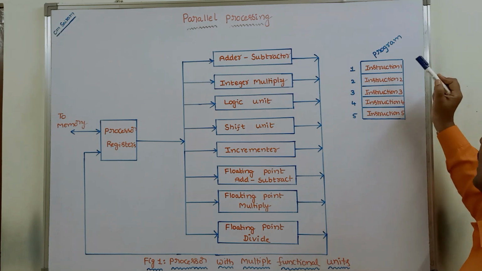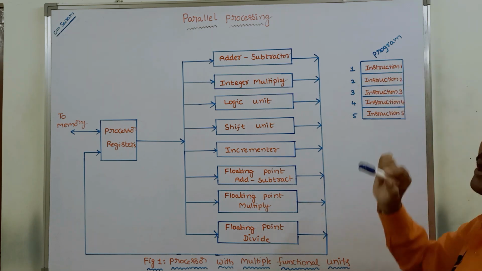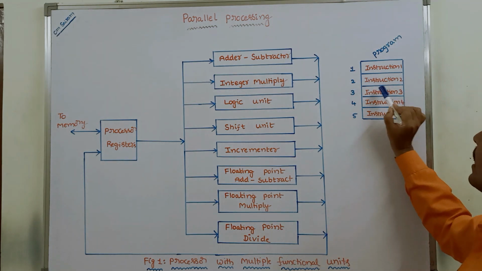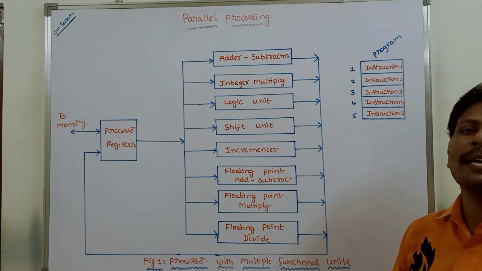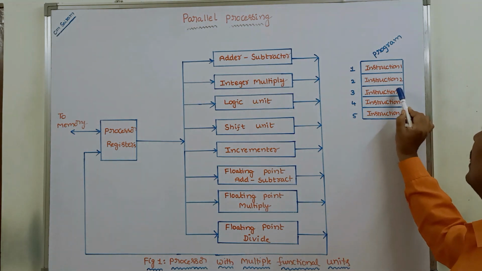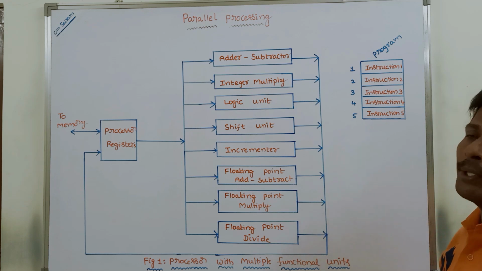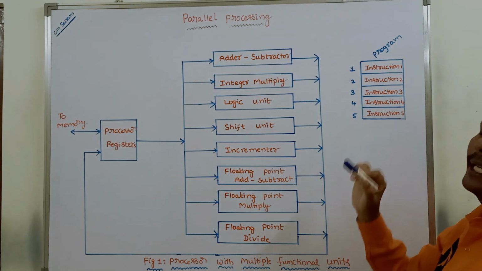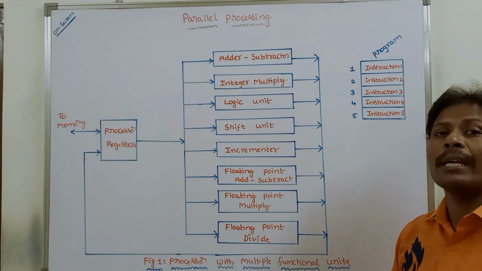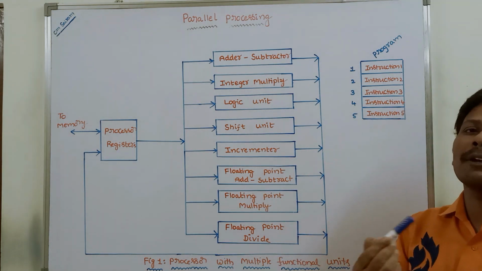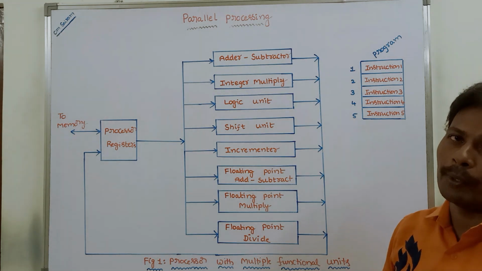In the first instruction we perform an addition operation. In the second, a subtraction operation. In the third, a multiplication operation. In the fourth, a division operation, and in the fifth, an increment operation.